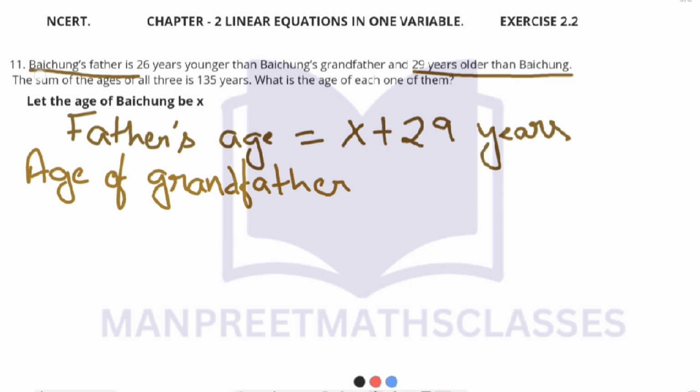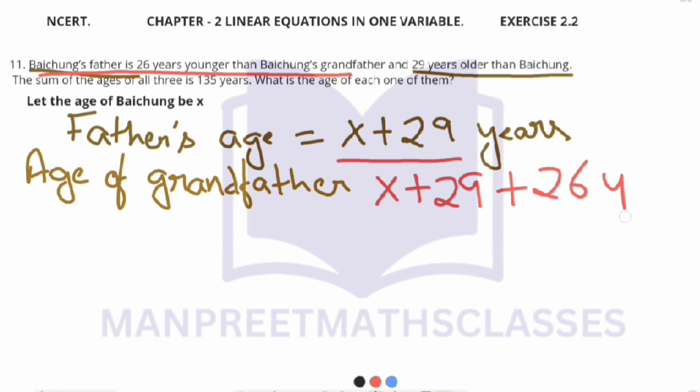In the question they said that Baichung's father is 26 years younger than Baichung's grandfather. जो बाइचंग के फादर है 26 ईयर छोटे हैं उसके ग्रैंडफादर से. मीन्स जो ग्रैंडफादर है वो बाइचंग के फादर की एज से 26 ईयर्स ज्यादा होंगे. सो वी कैन राइट बाइचंग्स फादर एज प्लस 26. दिस विल बी द एज ऑफ हिज ग्रैंडफादर.